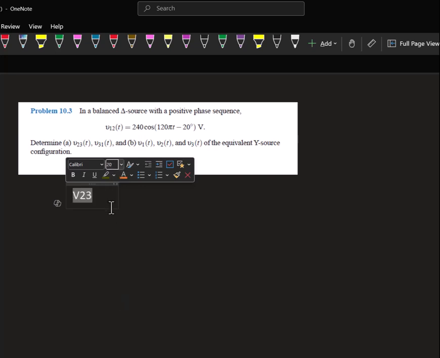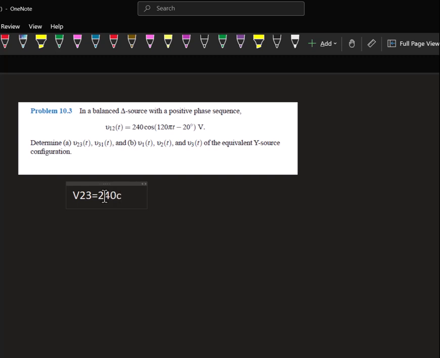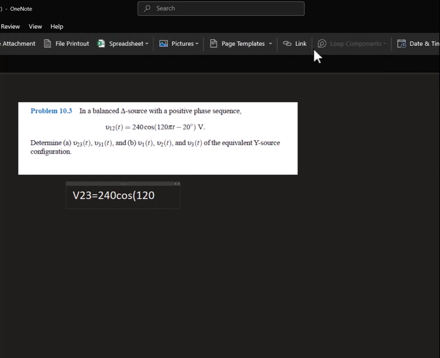The magnitude is going to be the same, but the angle is going to change. Right. So 240 cosine, and the frequency will be the same, so it'll still be 120 pi t. Then do I add or subtract 120 degrees? Well, for V23, we subtract, right?